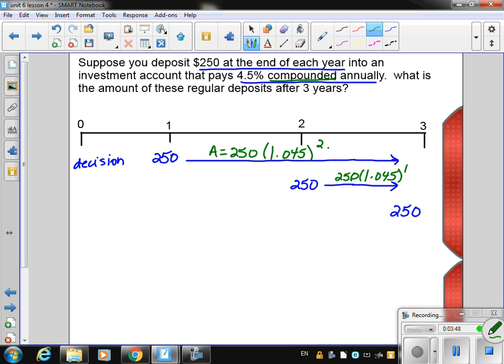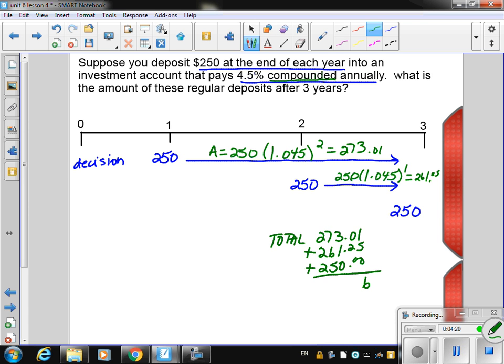Let's figure those out on our calculators. The first one is $273.01. The second one grows to $261.25. So the total after the 3 years is $273.01 plus $261.25 plus $250.